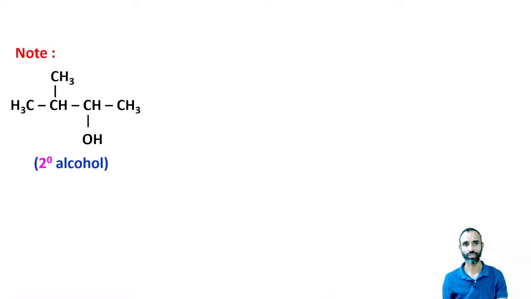Now see, this is a secondary alcohol. Tell me what is the product formed here. First of all, see, HI is an acid. So H plus ion will attack. Yes, it gives protonated alcohol.